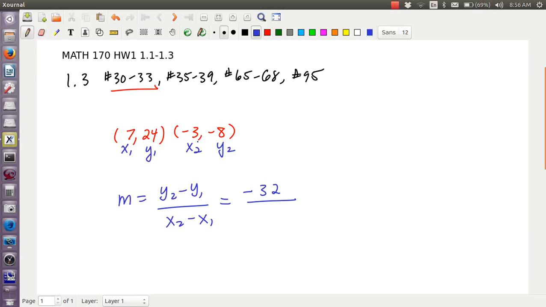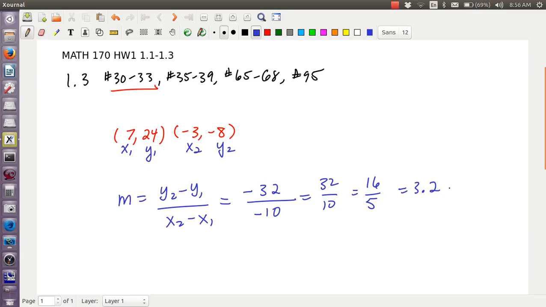And then x2 minus x1 is going to be -10. That's just 32 over 10, and I can reduce that to be 16 over 5. That would be the correct way to leave the answer for this course. If you prefer, you could write it as 3.2. There's no harm in that because it's an exact answer.